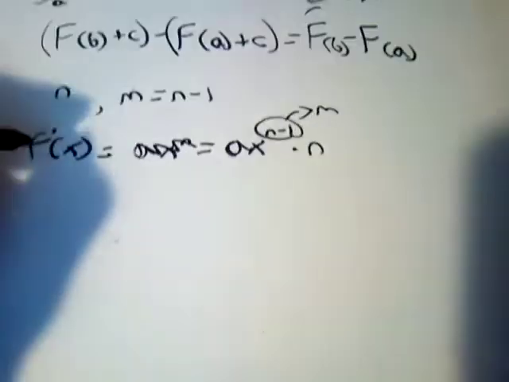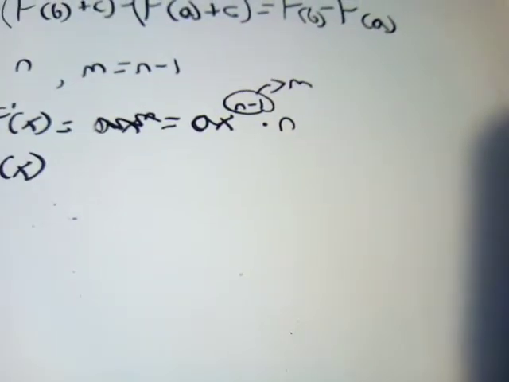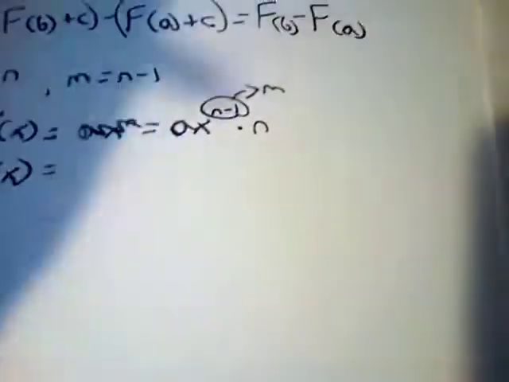So if we want to take the antiderivative of f dash of x, to work out f of x, we're going to add 1 to the power. So it's going to be m plus 1. We're going to go back to n again, because that's what we want to get back to, ax^n. So we want to turn m back into n, and we have to add 1 for that to work.